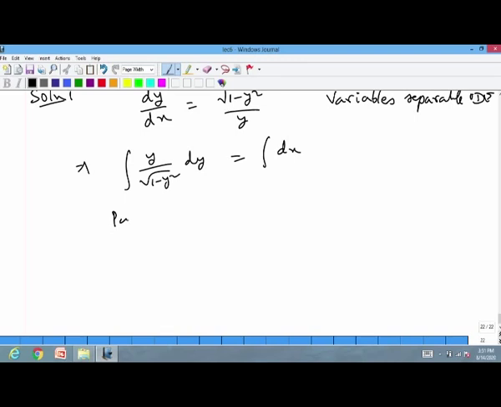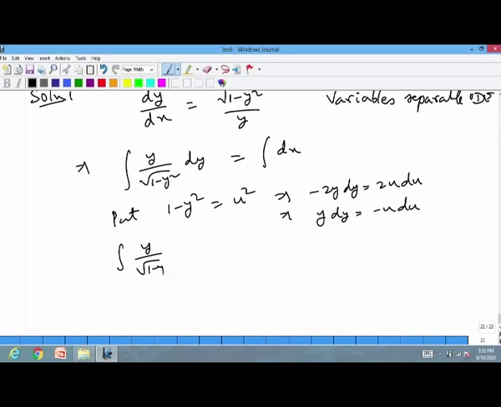So, we put 1 minus y square as u square, which implies minus 2y dy equal to 2u du. So, y dy is minus u du. So, integral of y by square root of 1 minus y square dy is equal to integral minus u du divided by u, since square root of 1 minus y square is u. So, this is minus u plus c, which means minus square root of 1 minus y square plus c.